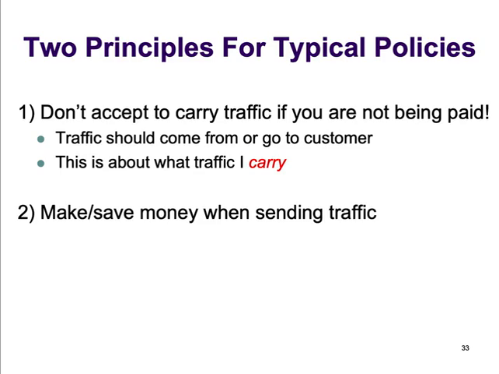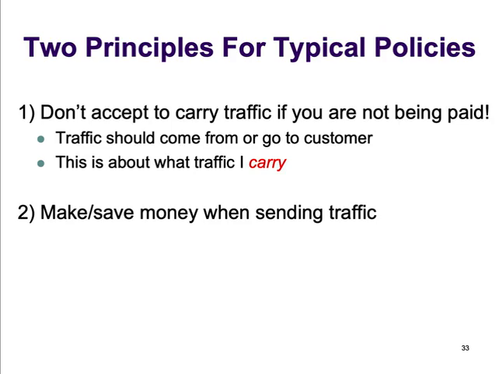The second one is about when I send traffic. The first principle was about when somebody sends me traffic and asks me to carry it, when am I going to say yes? The second one is when I choose to send traffic to someone else. In deciding where I send my traffic, I want to either make money or save money.